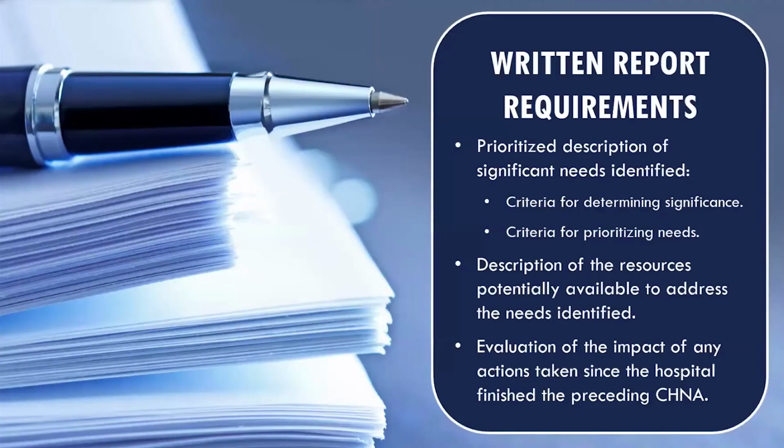You need to identify the needs that were identified and a description of those needs, the criteria that you use to determine which ones were most significant, and your criteria that was used for prioritizing the needs. When it comes to the prioritization of the needs, that can be done either internally or externally.